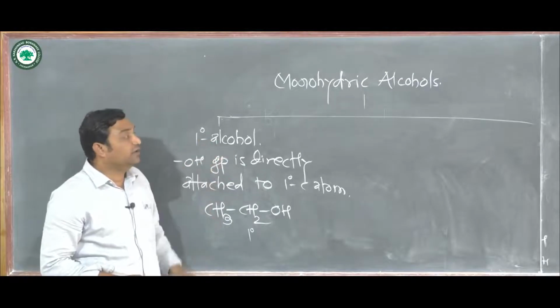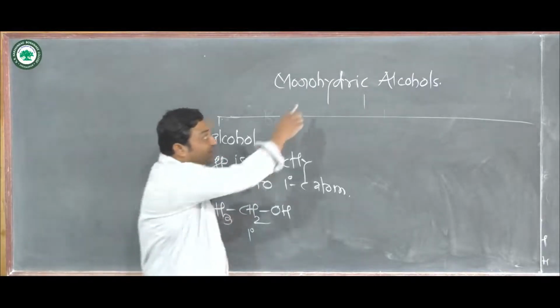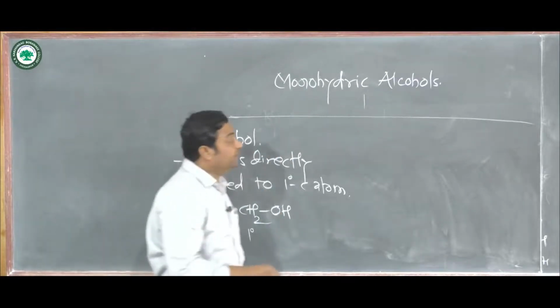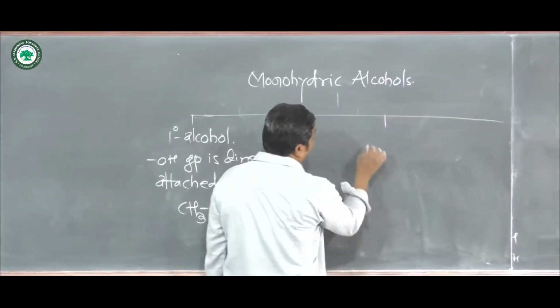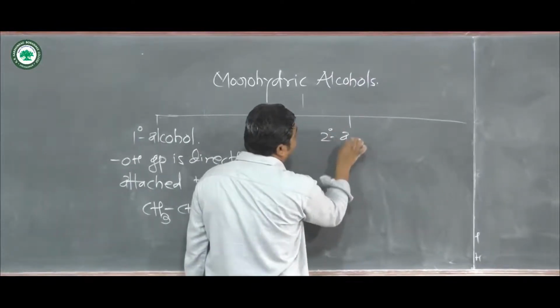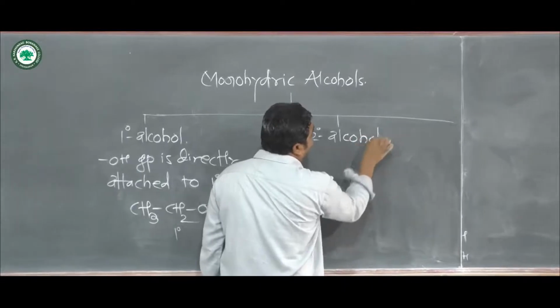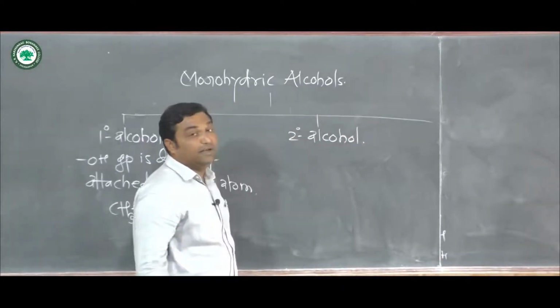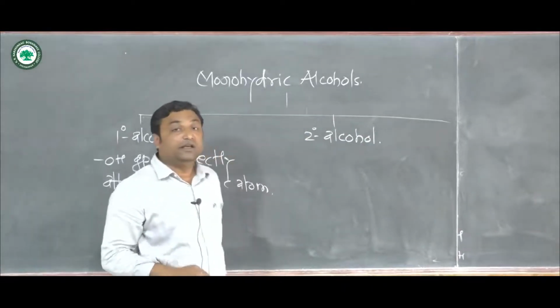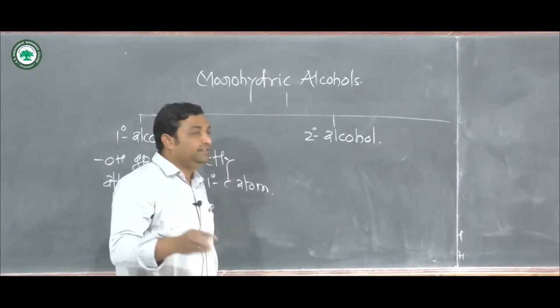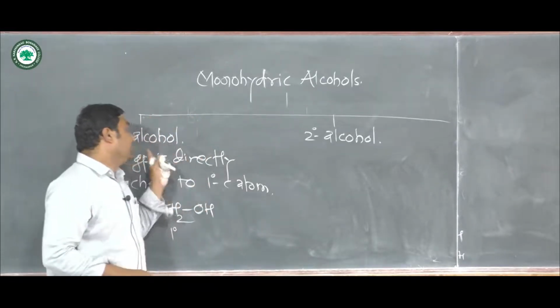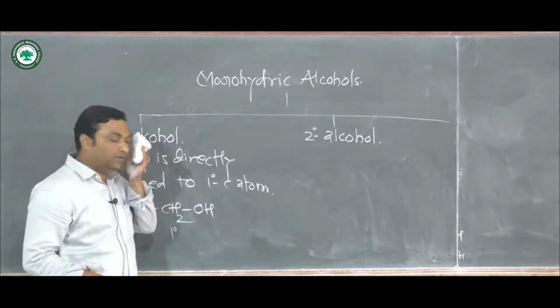Like this primary alcohol, another type of this monohydric alcohol is secondary alcohol. The definition of secondary alcohol is near about the same as that of primary alcohol.